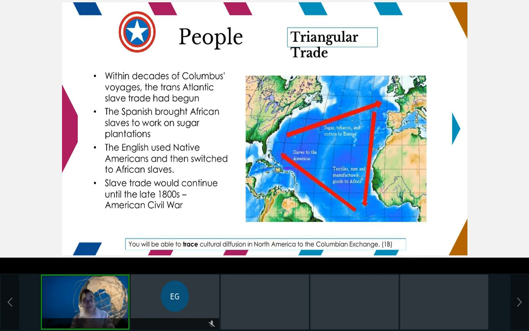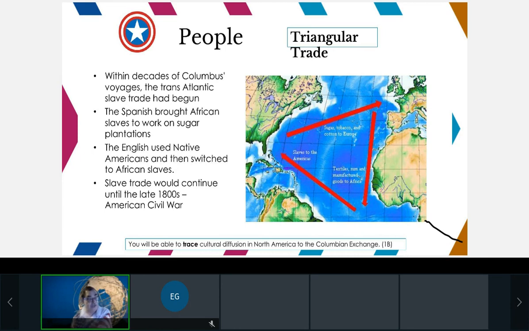And who's trading these guys? The Europeans are not jumping off the ship with nets and capturing slaves. They're bringing guns to them. The African tribes are actually capturing each other and selling each other. And that has been a tradition for them for centuries, and the Europeans took advantage of it.